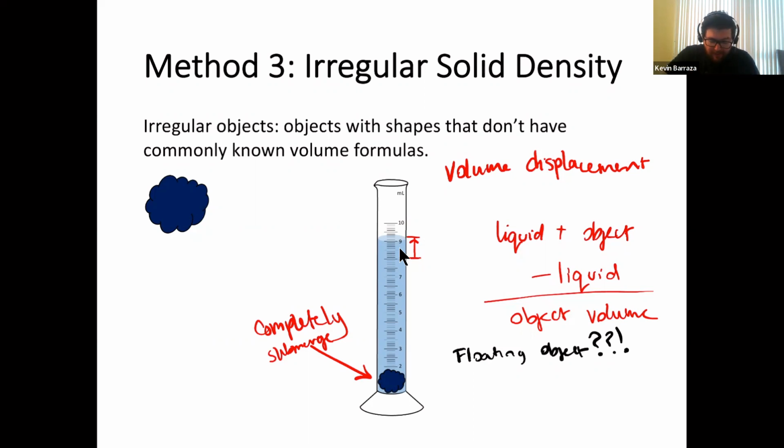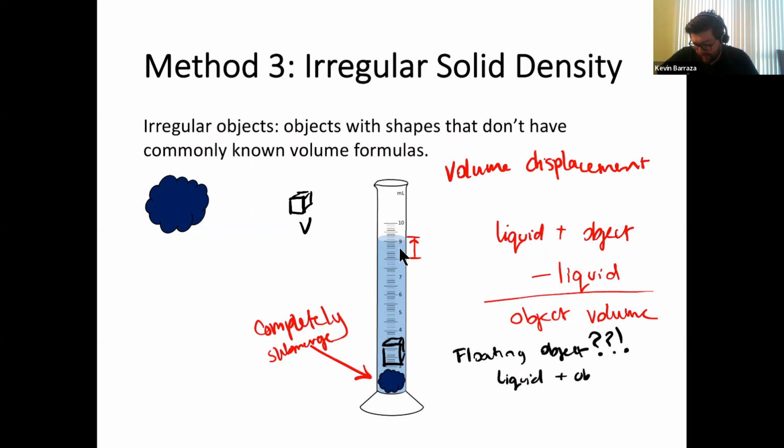So we could either pick a regular object where we could get the volume, or we could use volume displacement to find the volume of our second thing, and then we can put one on top of the other. It pushes down, and then we could just subtract all of it.